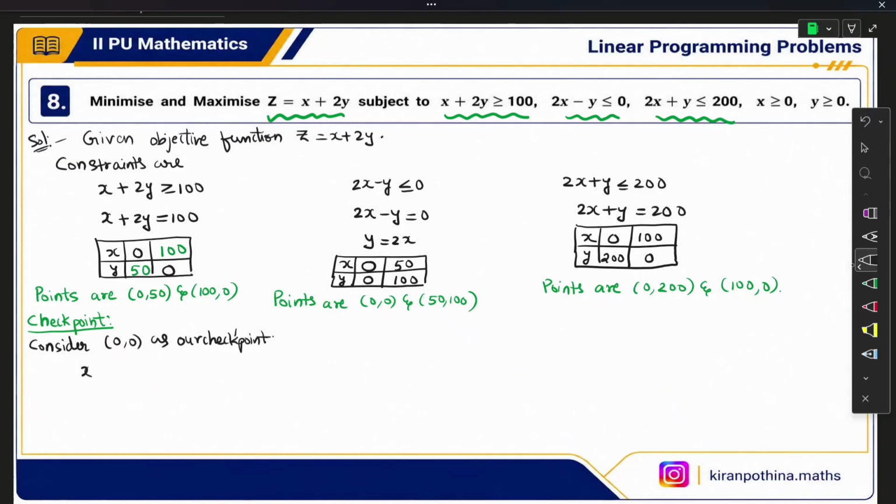In the place of x plus 2y greater than or equal to 100. In the inequality we need to substitute. Whenever x and y both are 0, what will we get? 0 greater than or equal to 100. So we'll consider it is false. False means what we need to do? Shade the region opposite to checkpoint, guys.